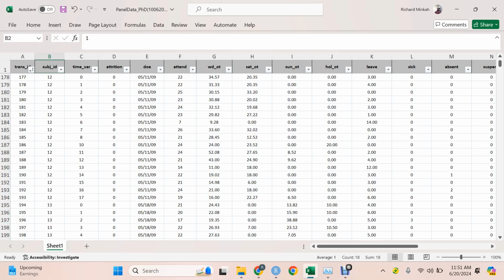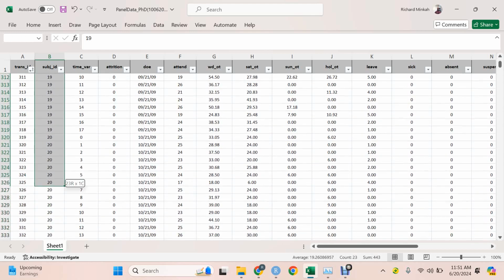Then we move on to, let's say, the data for employee 19, and so forth. What do you think we should do, so that at the end of the day we have a new data frame made up of employee 1, employee 19, employee 25, employee 1020, and so forth?